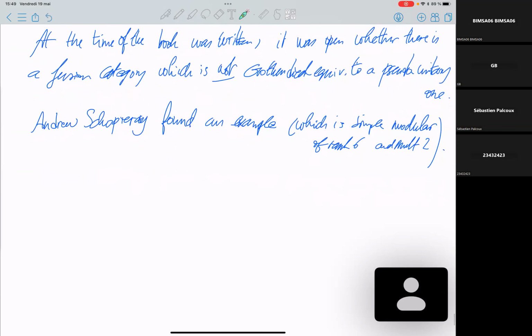In fact, rank 6 multiplicity 2 can be found by brute force. You can classify all the possible fusion rings of small rank, small multiplicity.